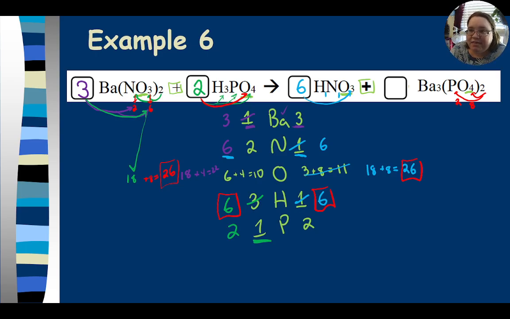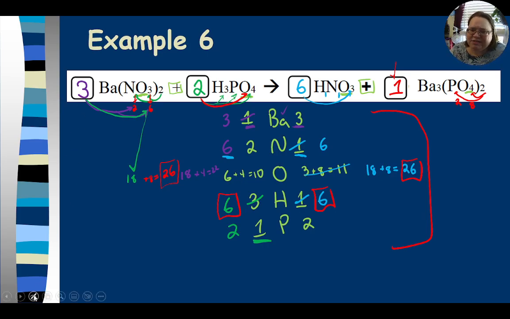But notice, even though I have a lot of elements, if we break it up into our 5 steps and follow our steps and keep track of our element inventory and constantly update it, then we will be able to balance the atoms. So check my coefficients. Can they be reduced? Well, I've got a 3, a 2, a 6, and a 1. So no, my coefficients can't be simplified.